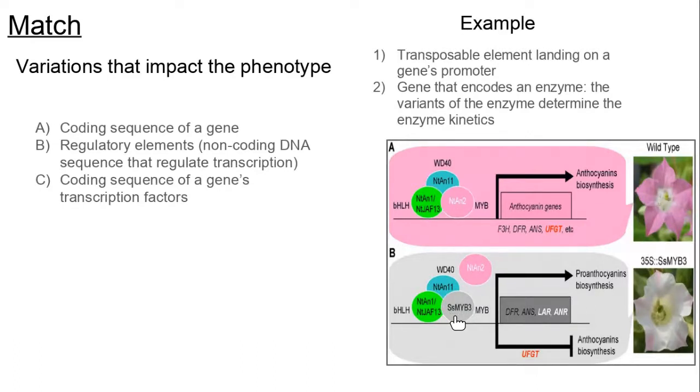And what it does is it binds this DNA more tightly than that. As a result, this gene here does not get transcribed. Apparently the other ones do. So for the proanthocyanin biosynthesis, all of these get transcribed.